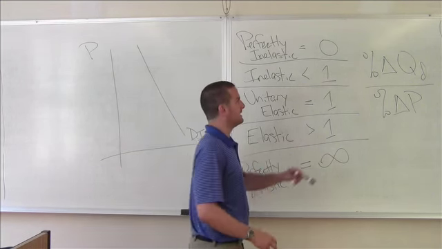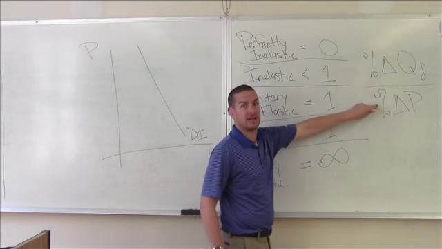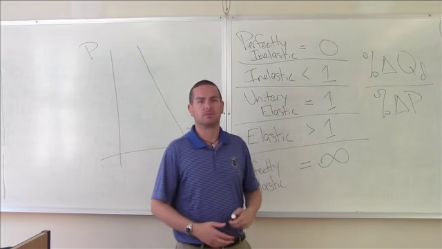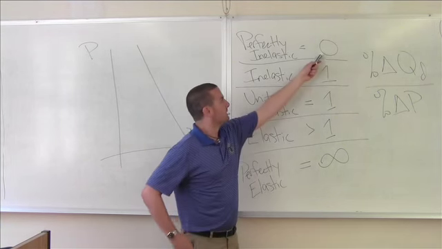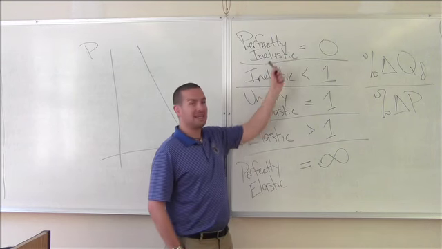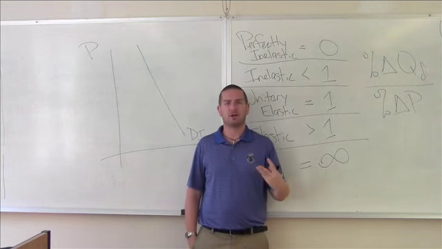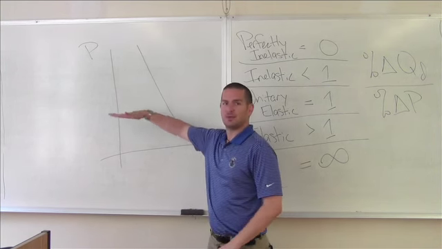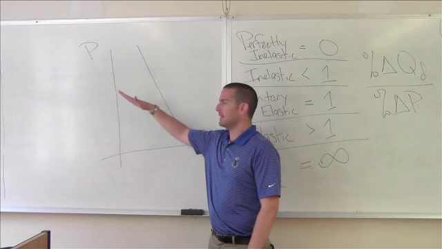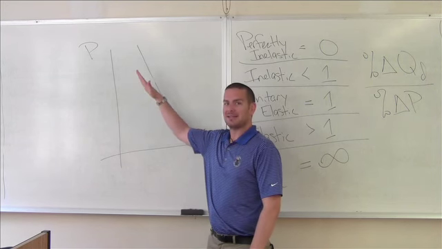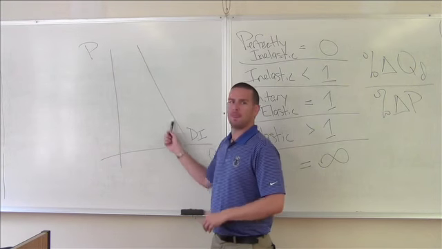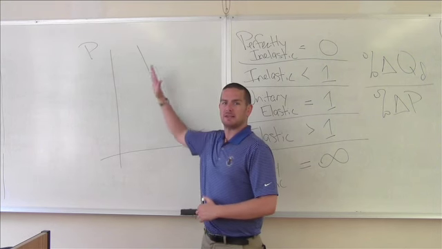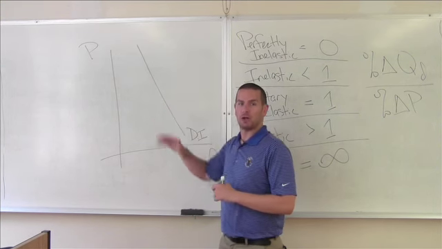Well, that would be 0 divided by 10%. 0 divided by anything is 0. That would be 0, which is a perfectly inelastic demand curve. So, we had an elastic, which was horizontal, then we were getting inelastic, which I have up here, and a perfectly inelastic demand curve is exactly vertical.